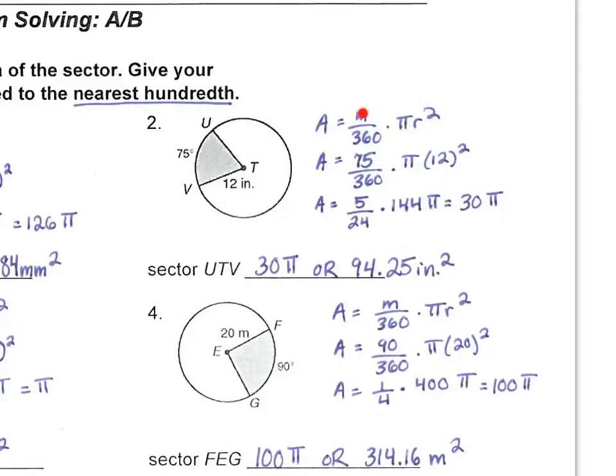Substituting in those values for m and r and simplifying that front fraction, 75 over 360 is going to simplify to 5 over 24.